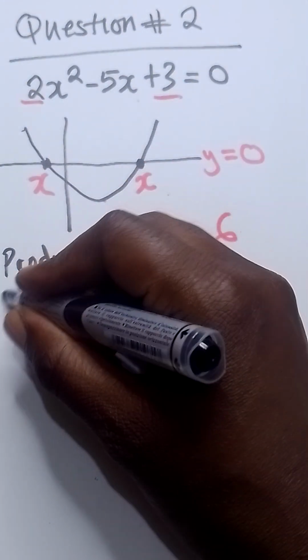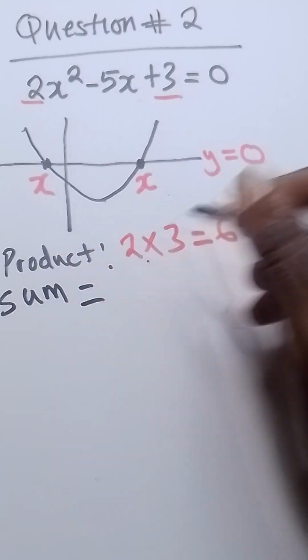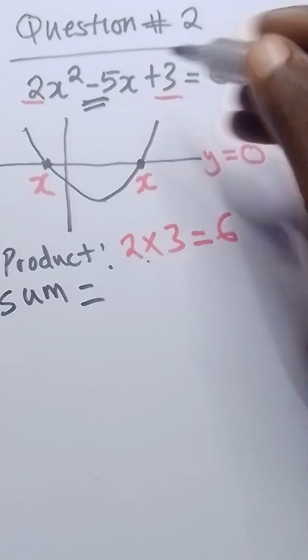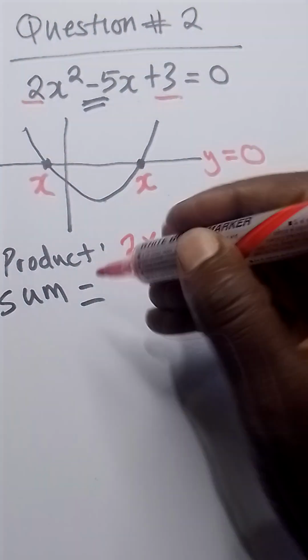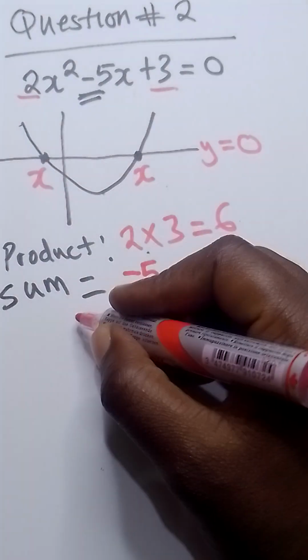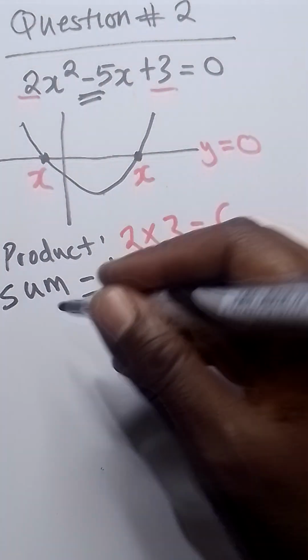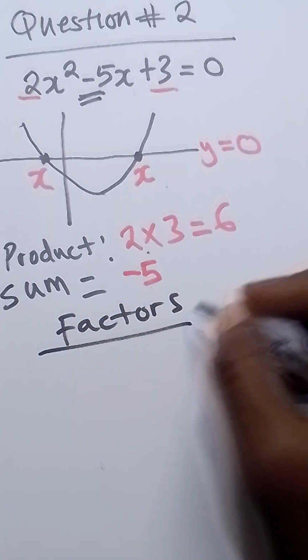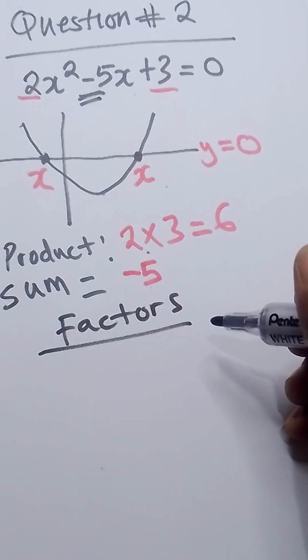Then the other thing you want to find is the sum. The sum is the figure in the middle there, isn't it? So the sum here is -5. After you have done that, the next thing you want to do is to find the factors. To find the factors, it's very easy.